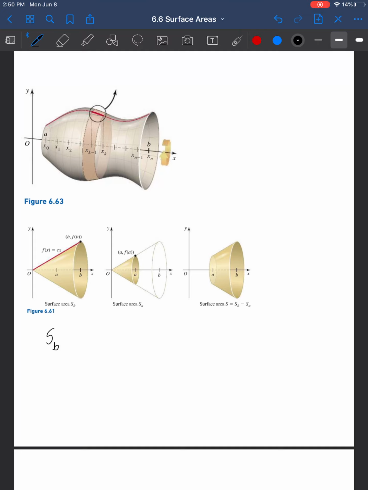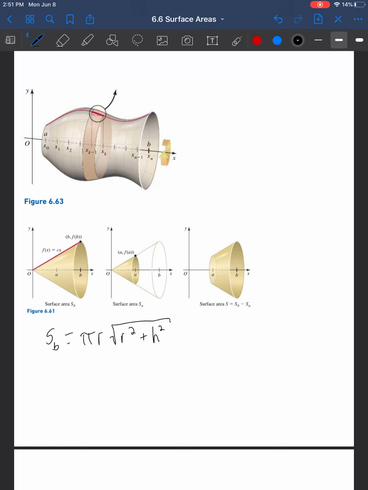So the surface area of the bigger cone, S sub B, well, this is just given by the formula pi times our radius times the square root of radius squared plus height squared.